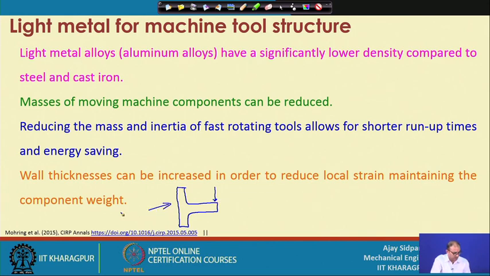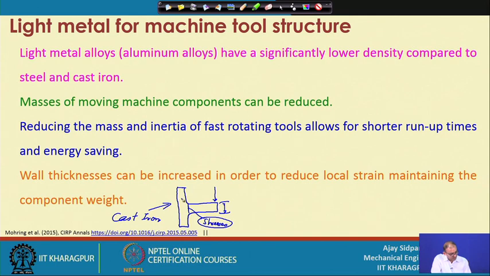This is right now steel, or let us make it from cast iron. So, this thickness plays an important role here, because whenever you are putting load, stresses will be very high at this location. Correct. So, now this is the cast iron.